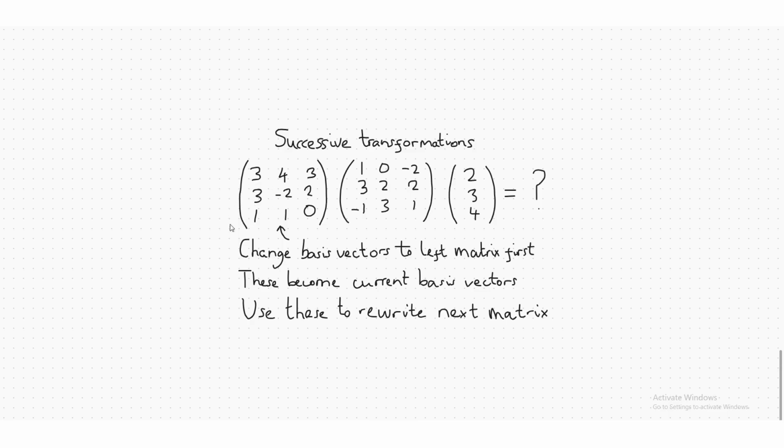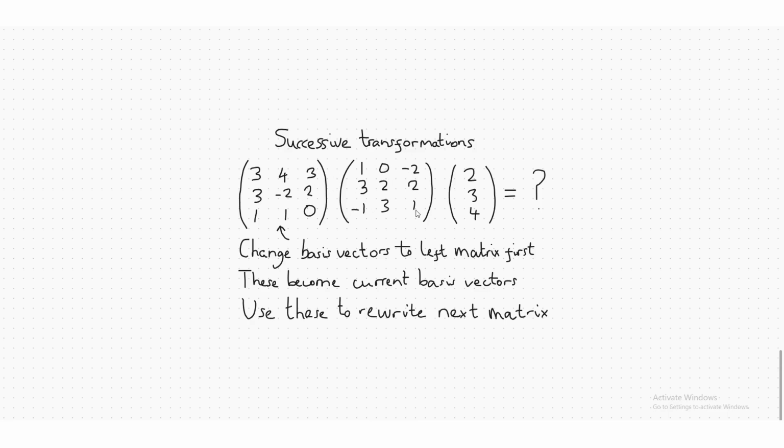Because don't forget, we've already changed them once using this matrix. So by default, they're not X, Y, Z anymore. They're now these three. So this column here, if we take it individually, means we have one amount of the first basis vector, which is now this, 3 amounts of the second basis vector, which is now this, and minus 1 amount of the third basis vector, which is now this.